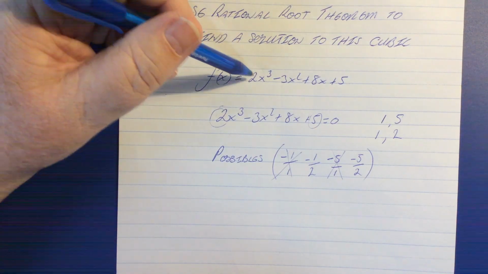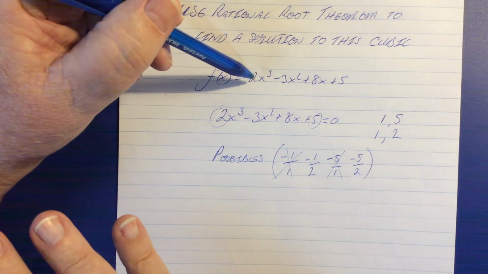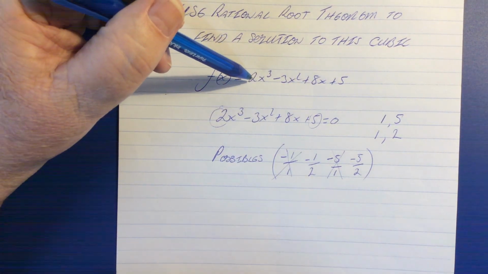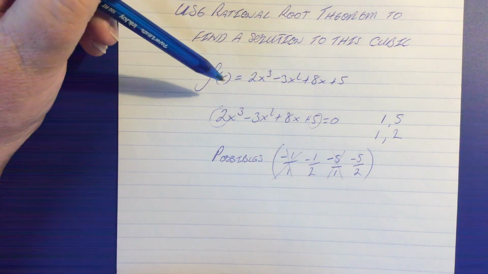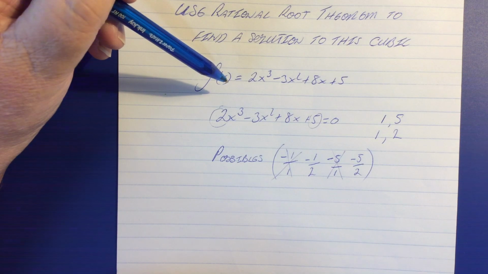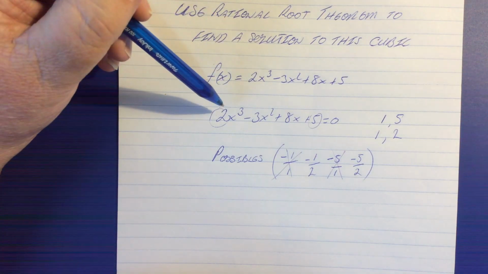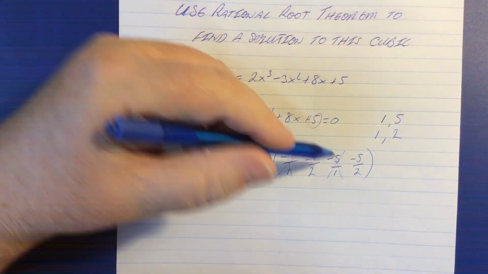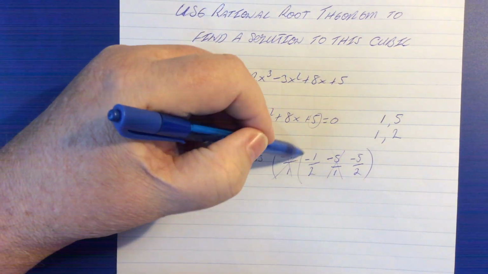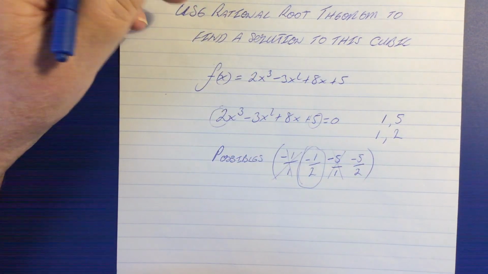As I say, when you're confronted with something like this, you might just go straight to the factor theorem and maybe get up to about 4 or 5, and then resort to the rational root theorem, which means that this is a good starting candidate.